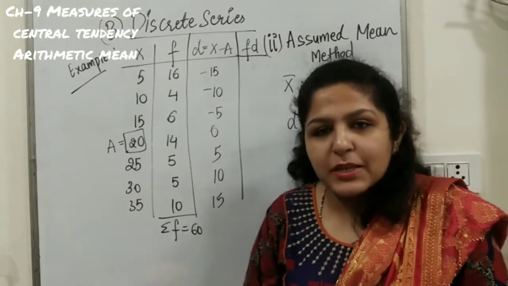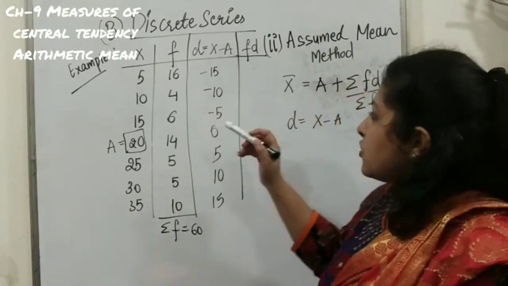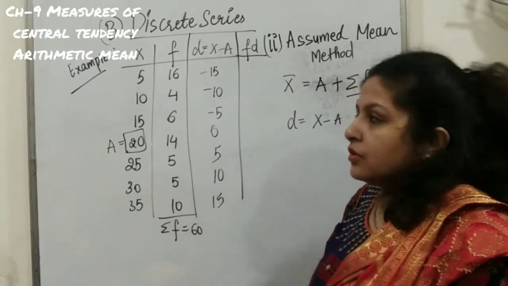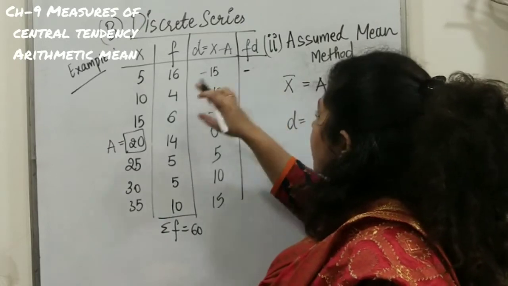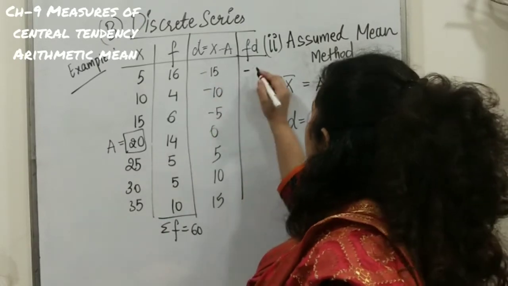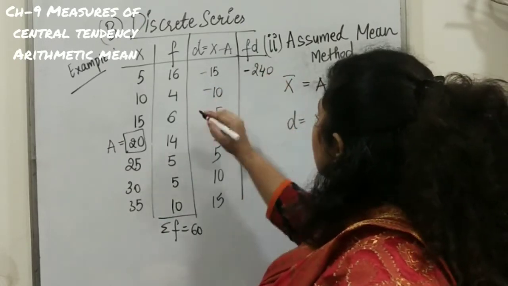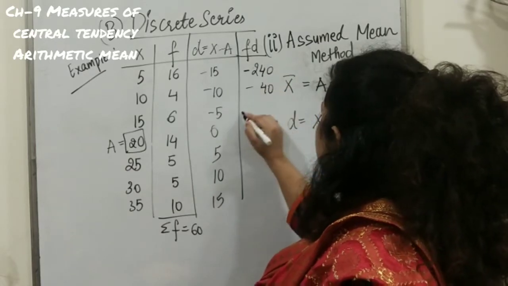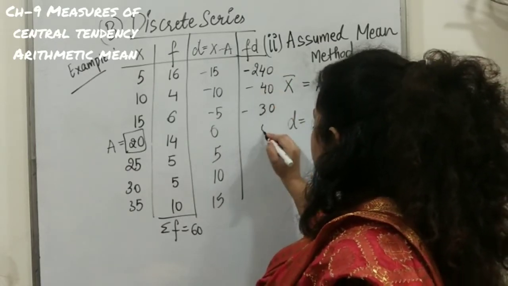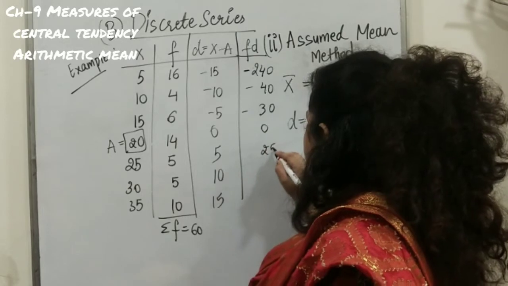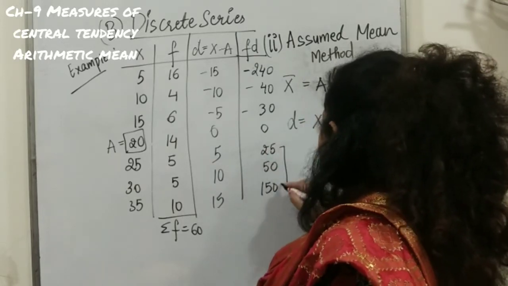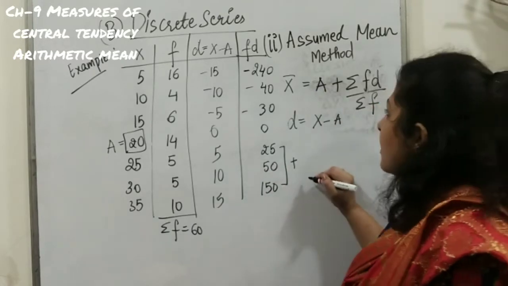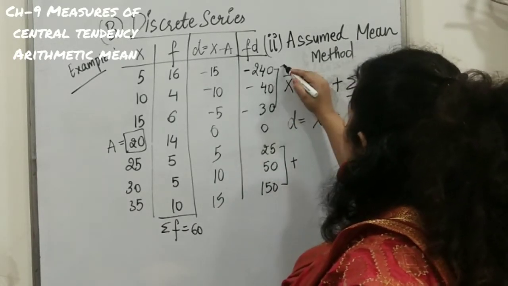So 16 into minus 15; 15 into 15 is 225, so 240. Then minus 40, then minus 30, then 0, then 25, 50 and 150. So we take the positive part and the negative part separately.